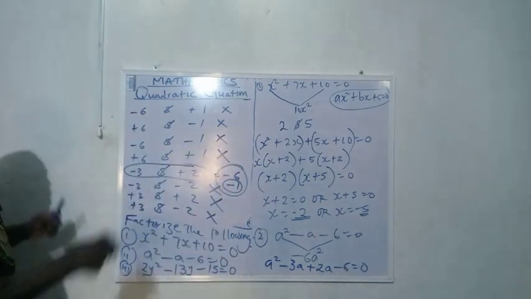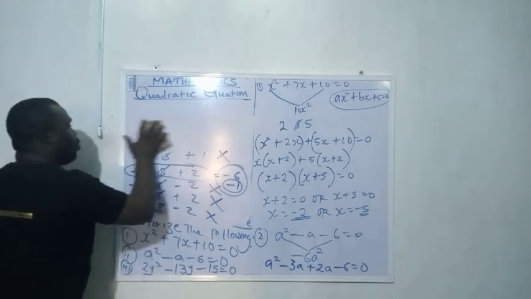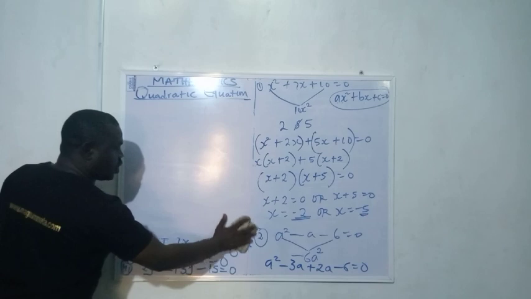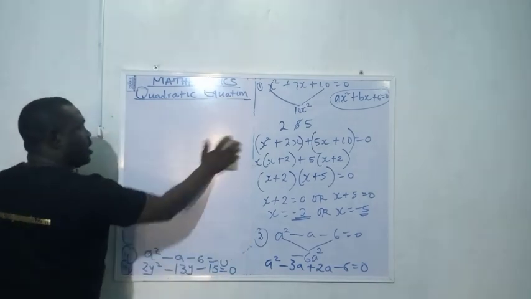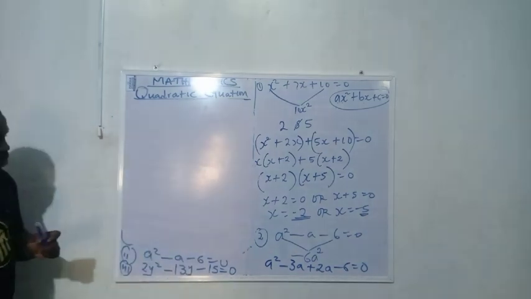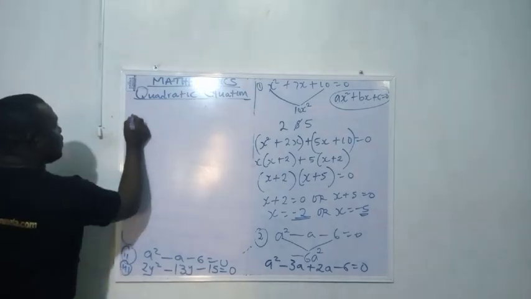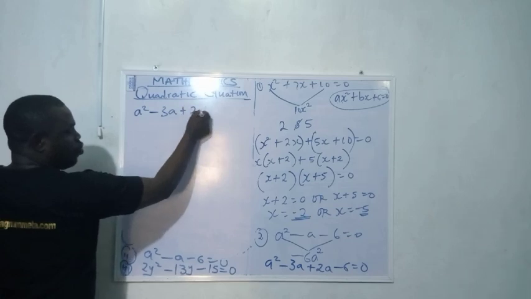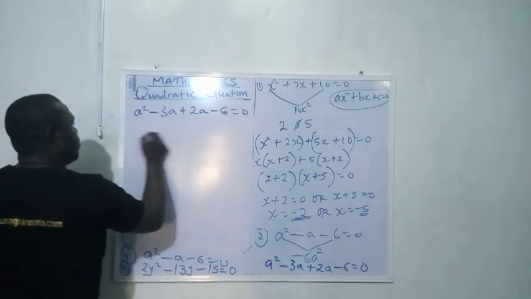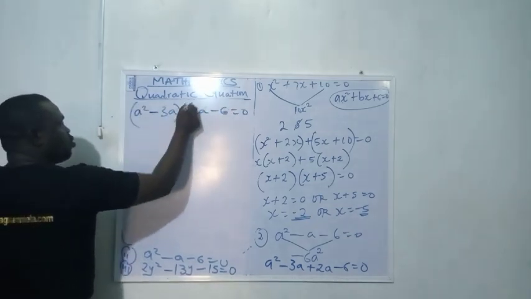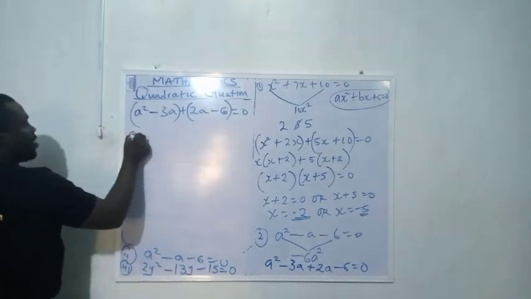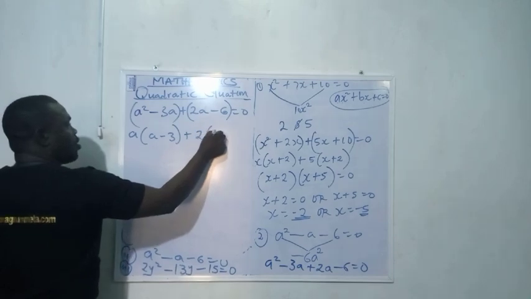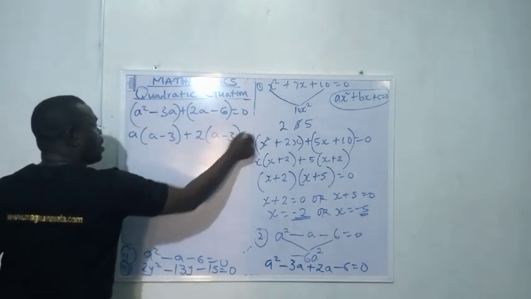I decided to take my time because I wouldn't want to do that in the other solving that will be coming shortly. So I took my time to explain that. Okay, so we have a squared minus 3a plus 2a minus 6 equals 0. So you take them again, 2 by 2. a is common, so you have a minus 3 here. 2 is common here, so you have a minus 3 equals 0.